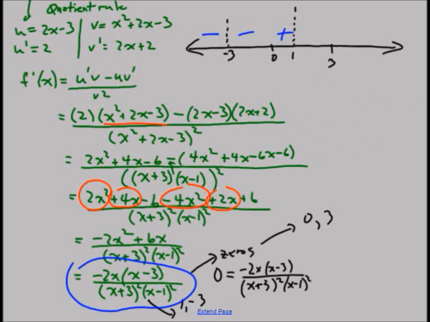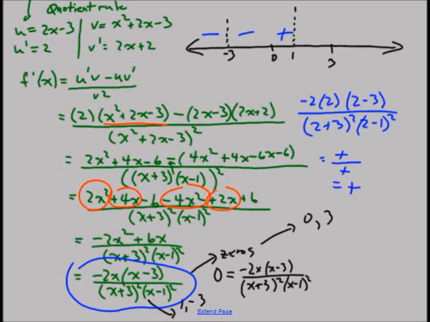Number in between 1 and 3 is 2. Negative times a positive times a negative, that's positive. And this is a positive, so positive.